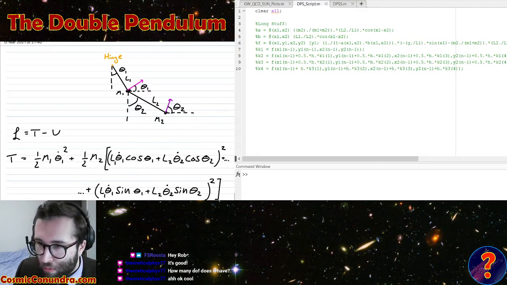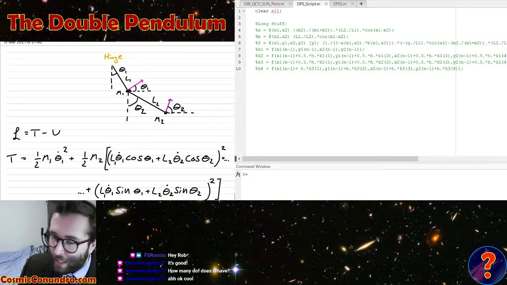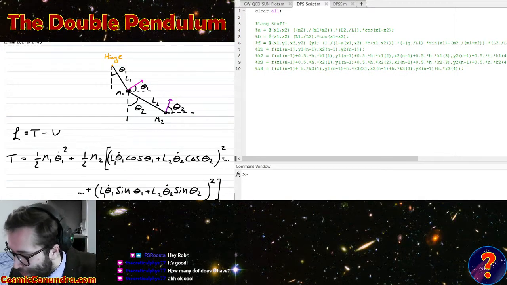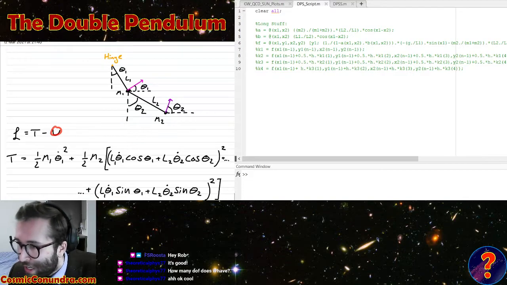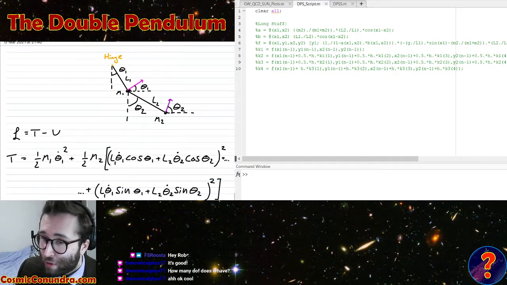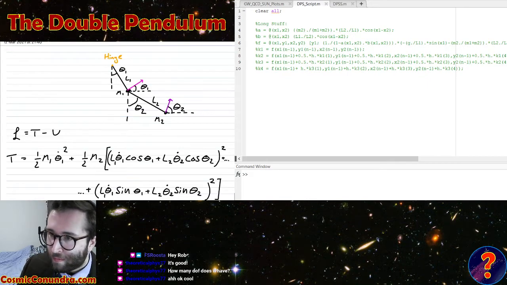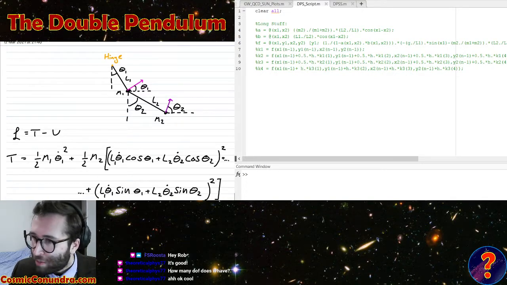So this computational tool in Lagrangian mechanics requires us to define this scalar quantity that I've given this rather fancy calligraphic L, as is standard, which is the difference between the total kinetic energy of the system, which we call T, and the total potential energy of the system that I call V. So all we have to do now is write down what the total kinetic energy is and what the total potential energy is, find the difference between them, and then this mathematical technology of Lagrangian mechanics allows us to find the equations of motion of the system by just plugging them in to these equations called the Euler-Lagrange equations.